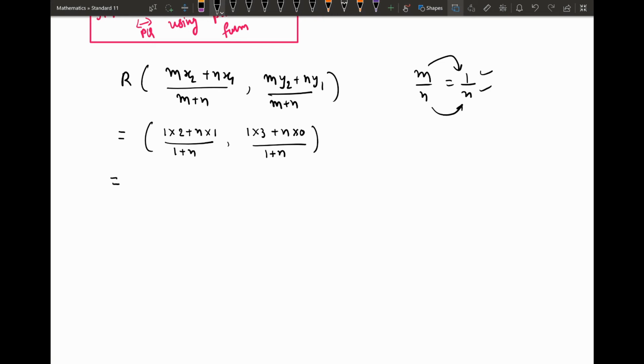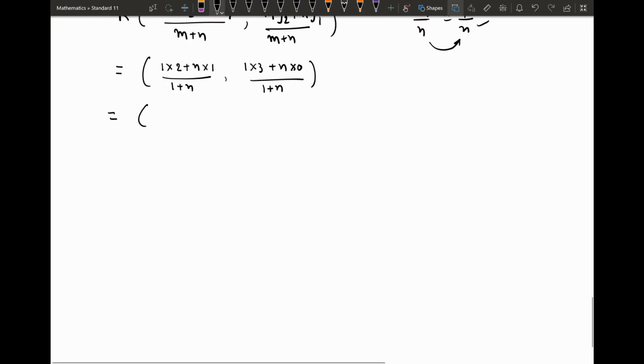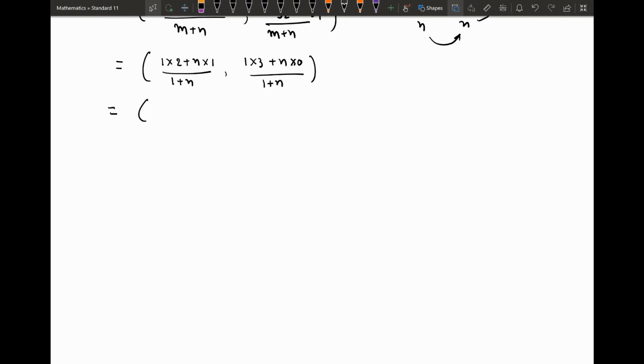Further simplification will give (n + 2)/(n + 1), comma, 3/(n + 1). So coordinates of R are ((n + 2)/(n + 1), 3/(n + 1)).